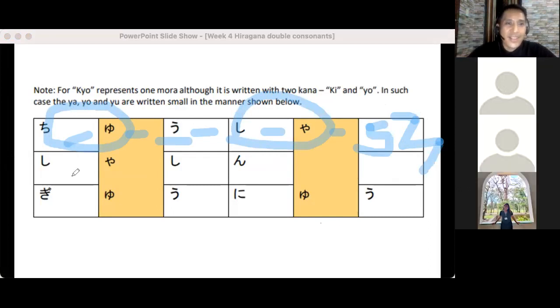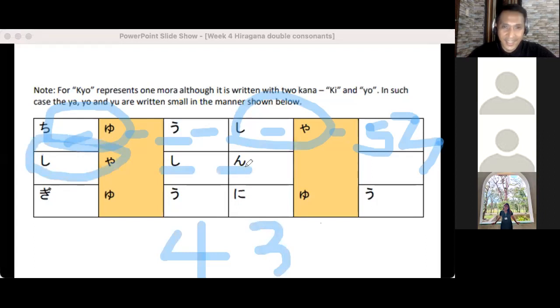Okay. What about shasshin? How many kana is shasshin? 4. Okay, 4 kana. How many mora? 2, 3, no? Sha, s, shi. So it has 3 mora, 3 sounds. What about gyuunyuu? How many kana? 6 kana.